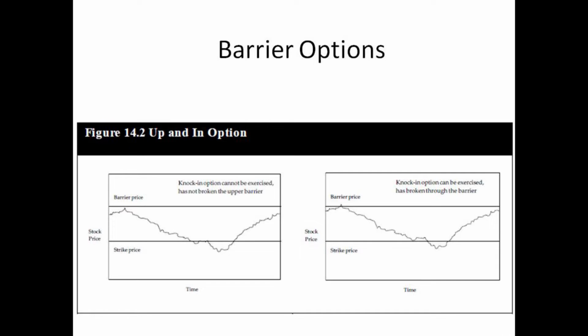It never got knocked in, so it's not activated. In the second chart, you can see that the price went through the barrier, and thus it can now be exercised. Now it's like a vanilla option. So that's barrier options, and that has introduced you guys to the idea of path dependency in options. So a barrier option is a path dependent option.